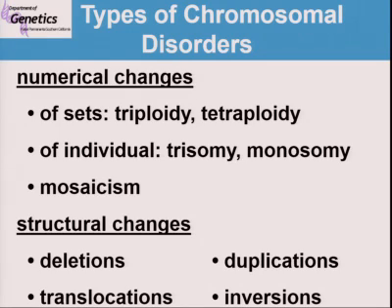We can also see structural changes of individual chromosomes, so we may see deletions, and with the advent of microarrays, we can now see microdeletions, which you can't appreciate with a microscope. We can see duplications, we can see translocations, which may or may not be pathogenic, and we can even see portions of chromosomes turned upside down, which may be benign.